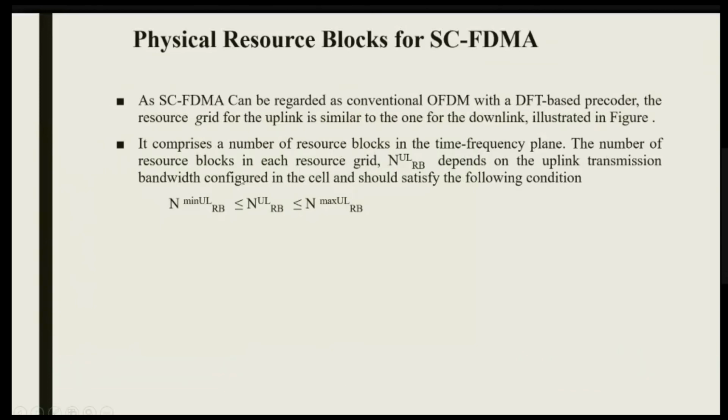The number of resource blocks in each resource grid is given as N_RB^UL, the number of resource blocks for the uplink. It depends upon the uplink transmission bandwidth configured in the cell and should satisfy the following condition: it should be equal to or greater than the minimum number of resource blocks for the uplink, and less than or equal to the maximum number of resource blocks used for the uplink.